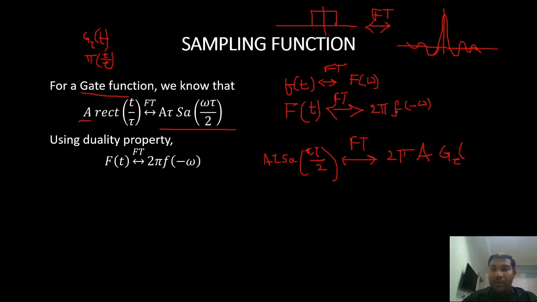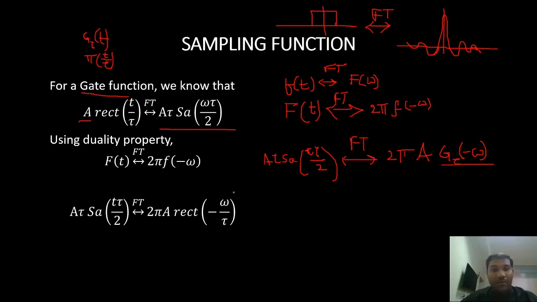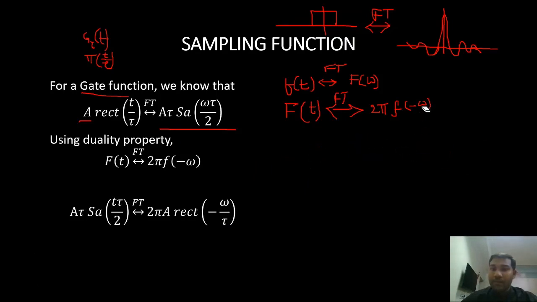So in place of t, I'm going to have minus omega. The same thing, instead of g tau of minus omega, I'm writing rectangle of minus omega by tau. This we have got by applying the duality property.